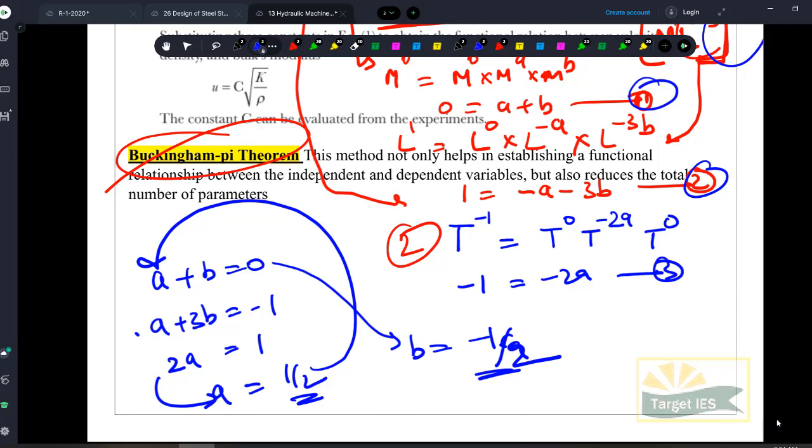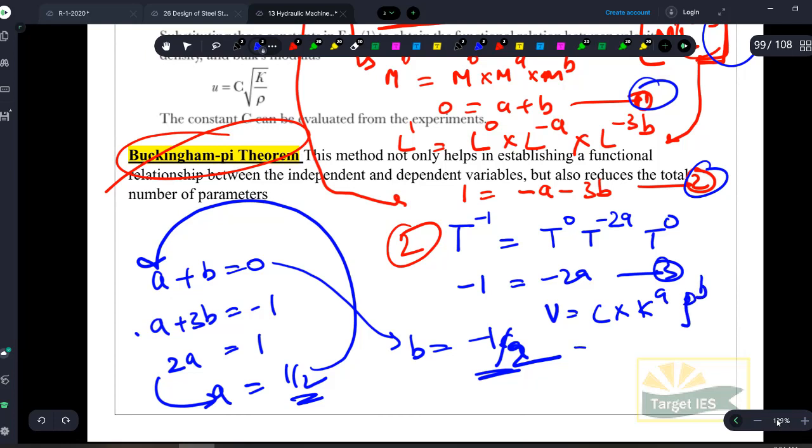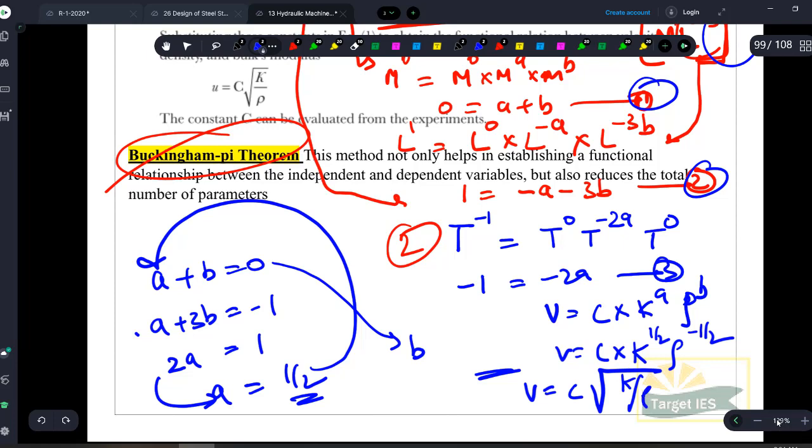So that's it. I can write my velocity was c into k to the power of a rho to the power of b. This was the equation, right? So my velocity I am writing as c into k to the power of a. The value of a is 1 by 2, the value of rho's exponent is minus 1 by 2. So I can write v equals c root k by rho.